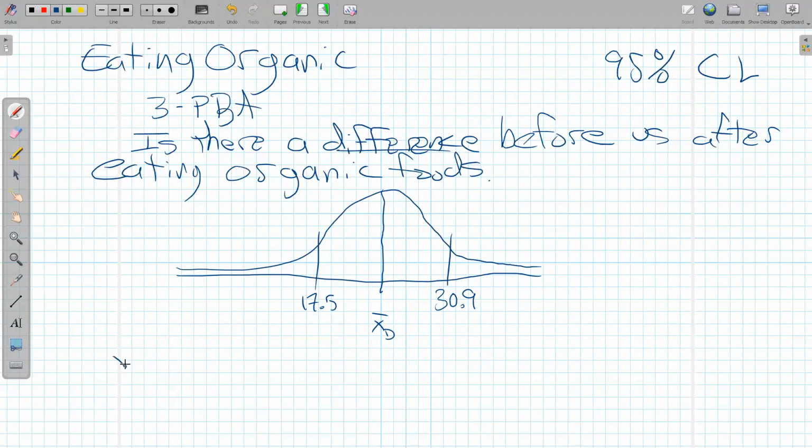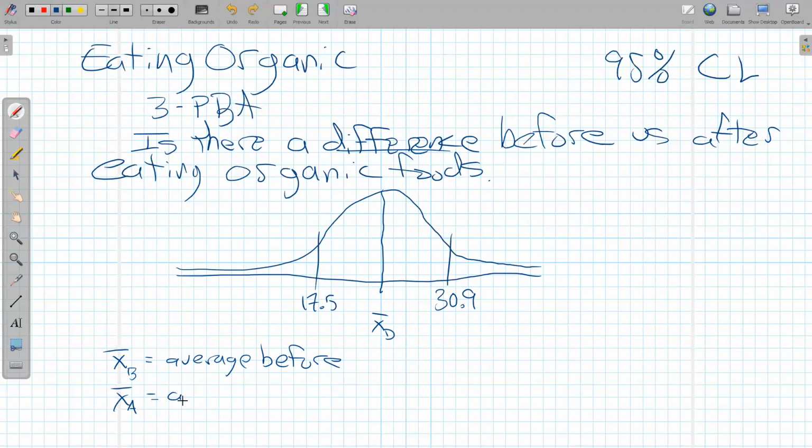So they found the average amount before eating organics and they found the average after eating organics.